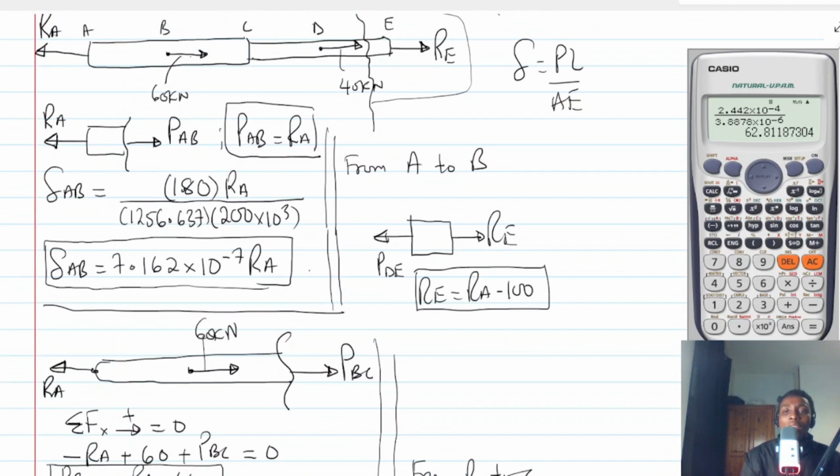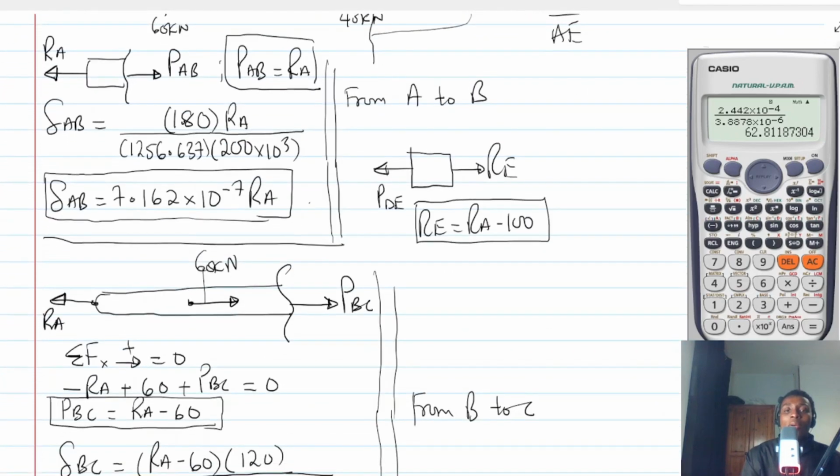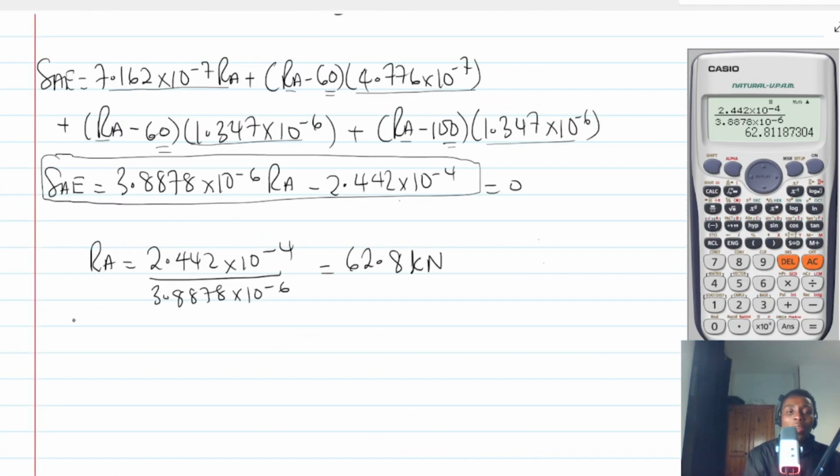If you look at the section, at this right hand side, RE will be RA minus 100, but RA we know, therefore it's going to be 62.8 minus 100, which is minus 37.2 kilonewtons.